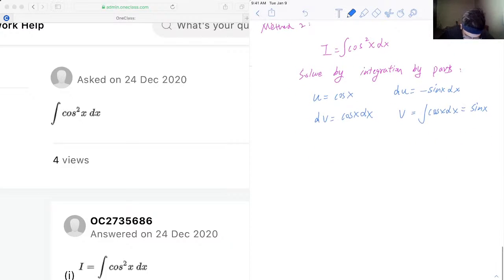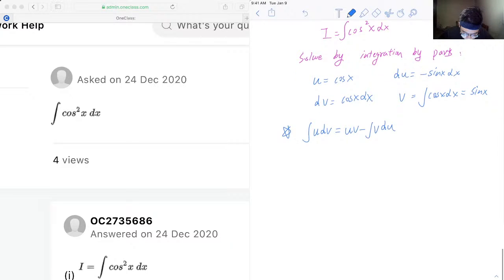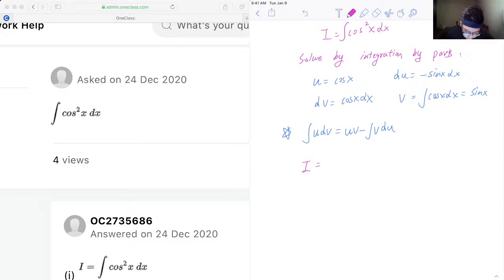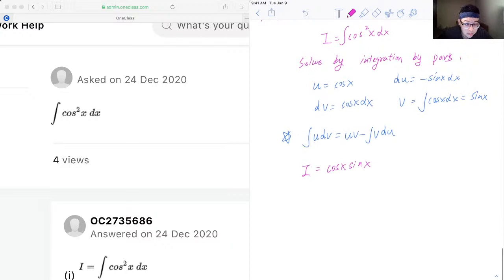Because recall the formula for integration by parts would be the integral of u dv is equal to uv minus the integral of v du. So I will be equal to cosine x sine x minus the integral of sine x times negative sine x dx.